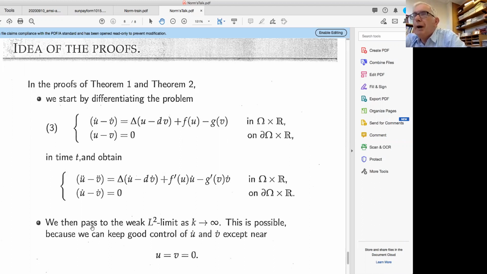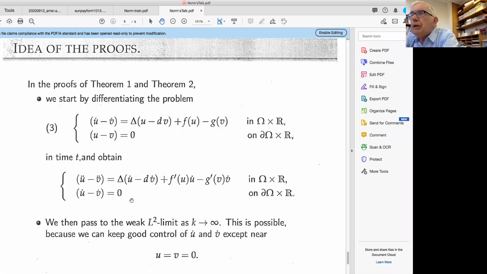We multiply by a smooth test function, say psi, integrate by parts, and put as many derivatives as we possibly can on the psi.